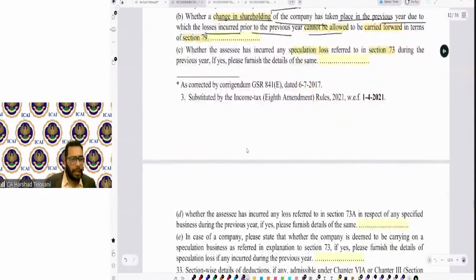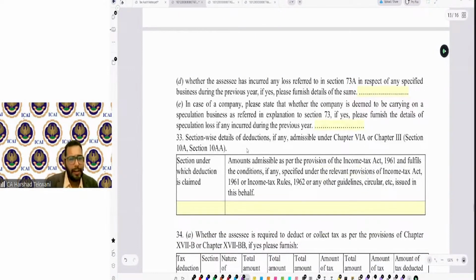D talks about any loss referred in section 73A, okay, of any specified business during the year, then you are required to provide the details for the same. So this talks about loss referred under section 73A with respect to the specified business only. And 32E talks about whether the company is deemed to be carrying on speculation business as referred in section 73.